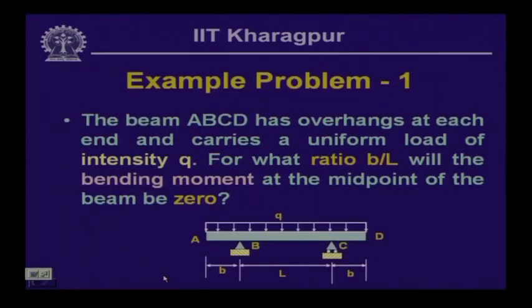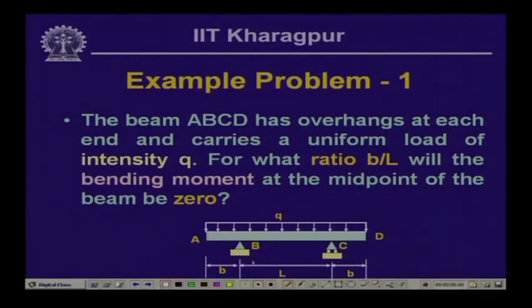Well, before we go into the evaluation of those quantities, let us look into the previous examples which I had given to you last time. The first example was: the beam ABCD has overhangs at each end and carries a uniform load of intensity q.